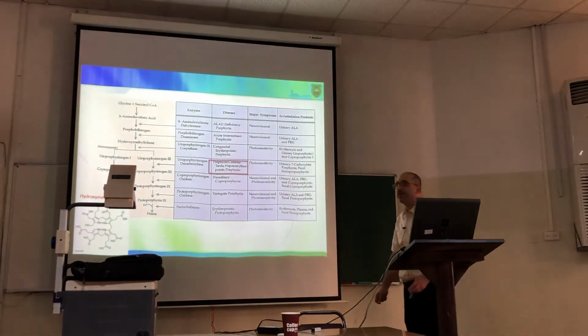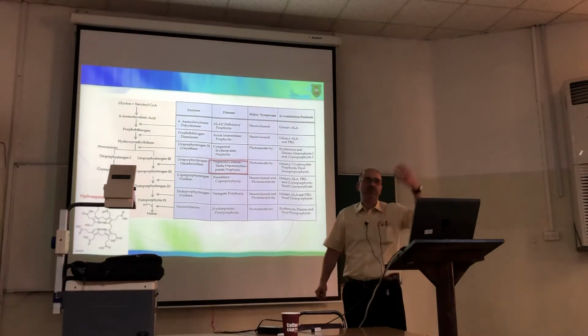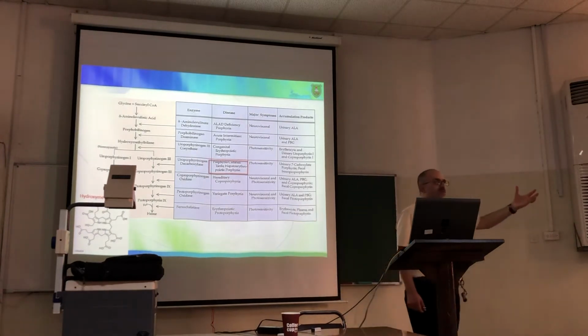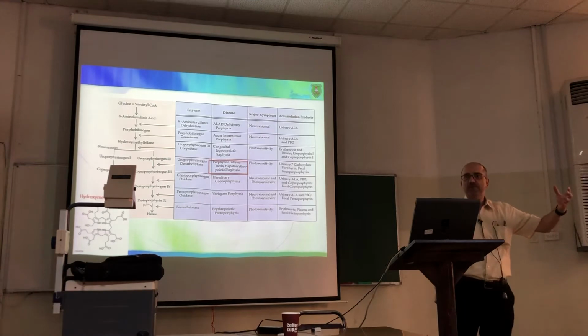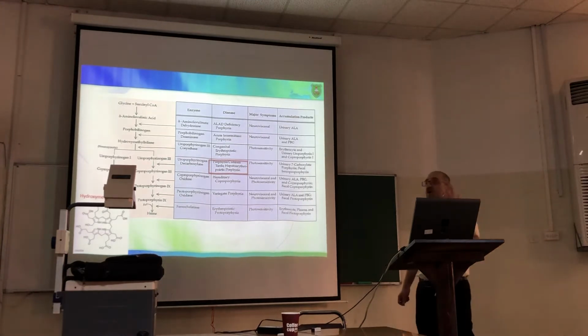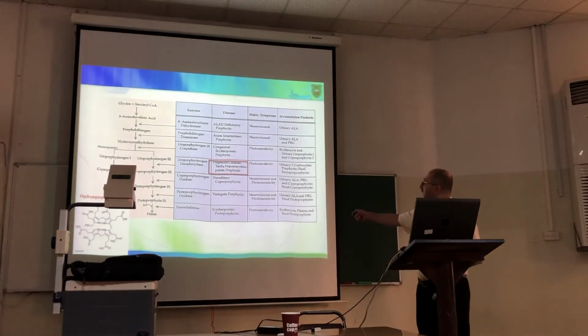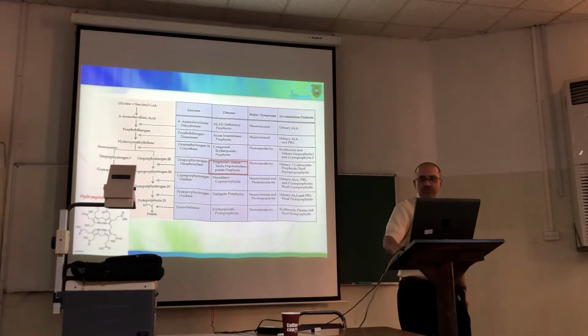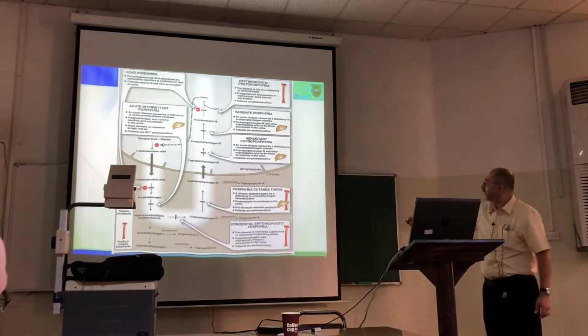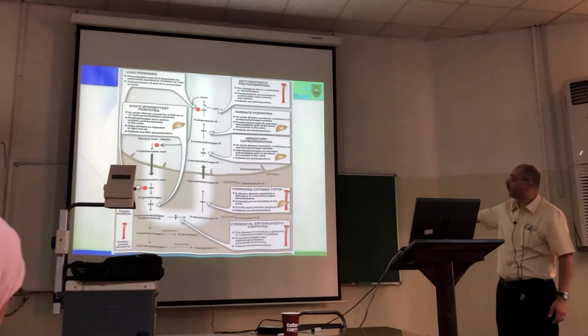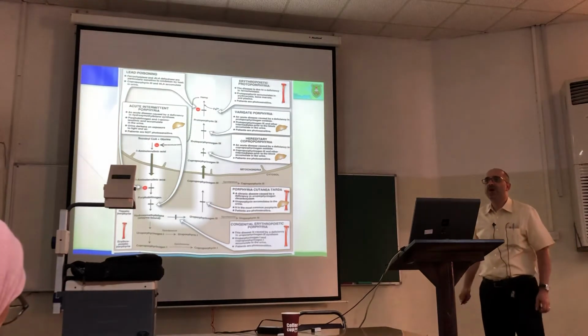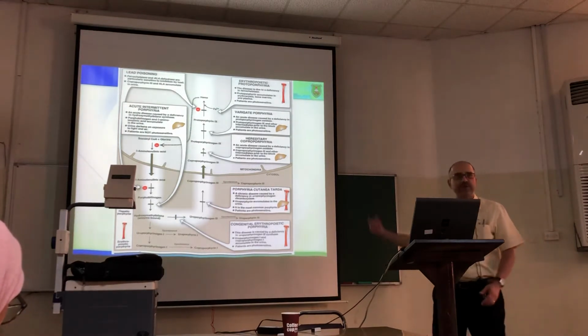The predominant porphyria, porphyria being the disorder that is related to synthesis of heme, is known as porphyria cutanea tarda, which is right here. This is the predominant one, about 80% of porphyria is of this type.